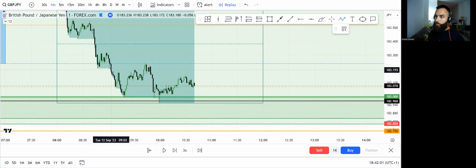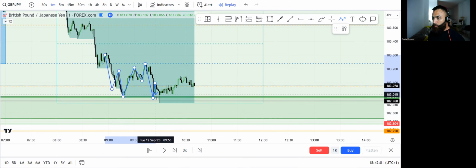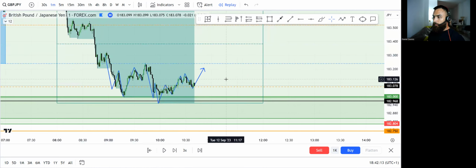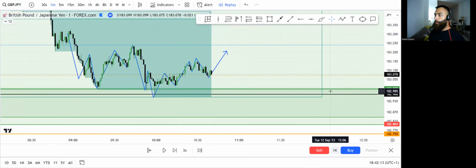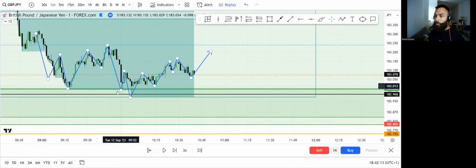Okay, cool. So as price is coming down, I'm starting to get the rejection of this area. I'm looking for a failed low and a reversal, which I can see is there, right? So the first thing I do, which is an obvious thing, is I mark out the low once the liquidity's been taken.